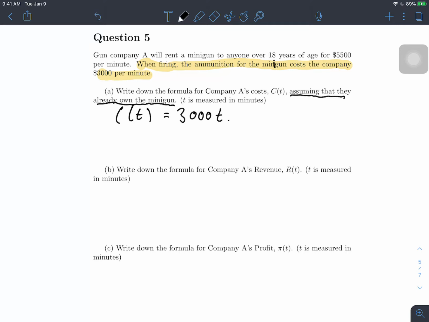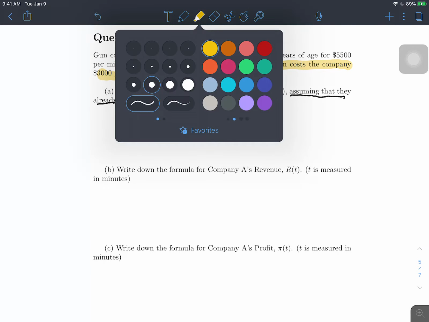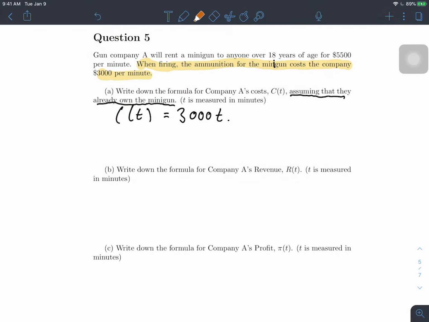Again, we can read this directly from the problem. It says it will rent a minigun to anyone over 18 for $5,500 per minute. That means that my revenue here is going to be 5,500 T.